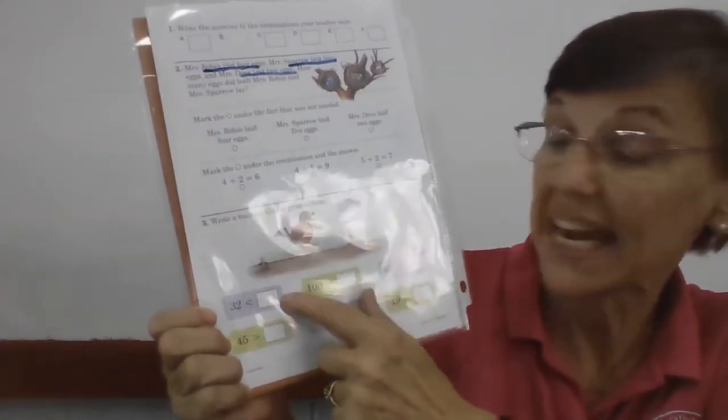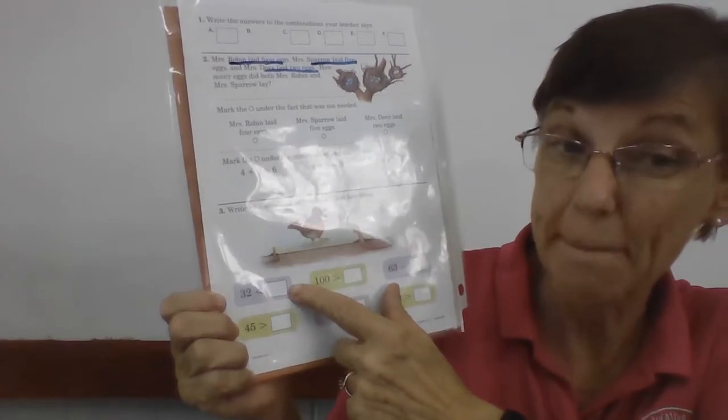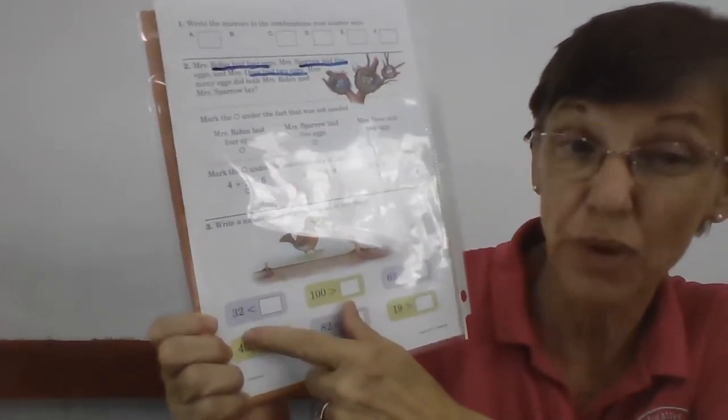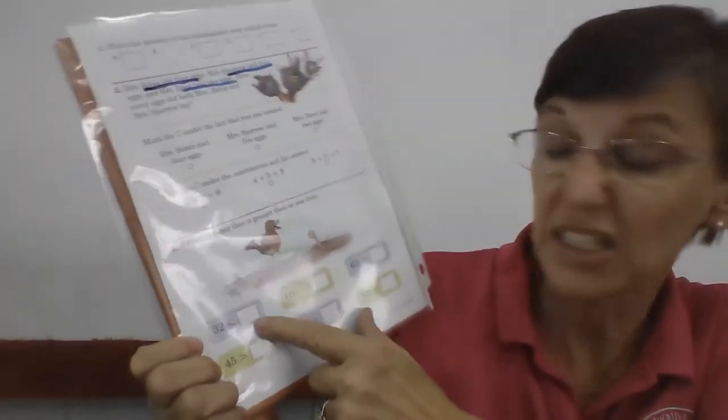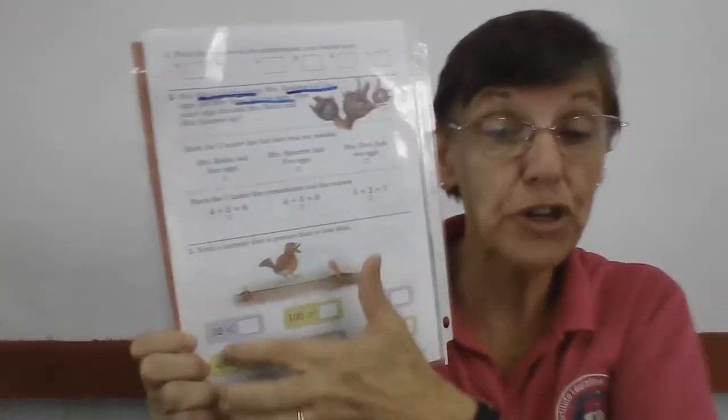You can put any number in there you want, but make sure that it makes sense with the sign that's put in there. After you put your number in, read it to make sure, is that true or is that not true? Don't put a number in there that's wrong, okay?